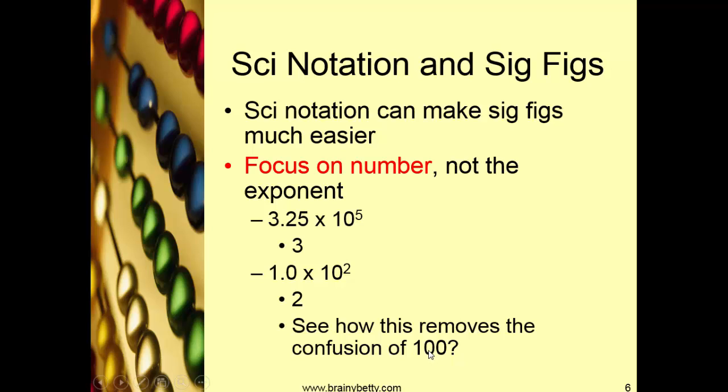You could have had a piece of equipment that counted by tens, here counted by hundreds, here counted by ones over here, and we don't really know. It's hard to tell what the tolerance of that instrument was just based on this number here. If you use the scientific notation version of this, that tells you much more precisely that you measured to what would be the tens place on the original number.